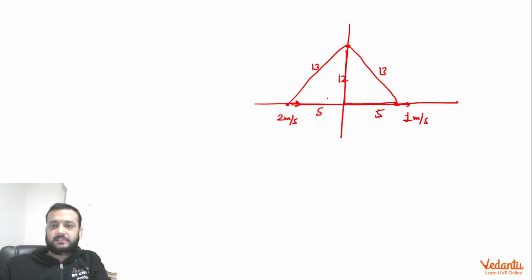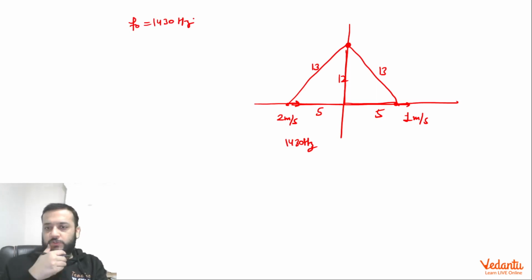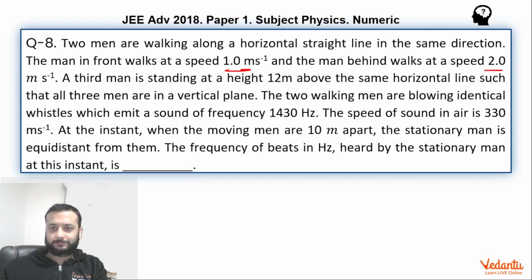So at this instance we have to calculate the beat frequency observed by the third man. It is given that both the persons are releasing a sound of frequency 1430 hertz. This is the frequency of the sound released by both the men. Okay, so this is the question.